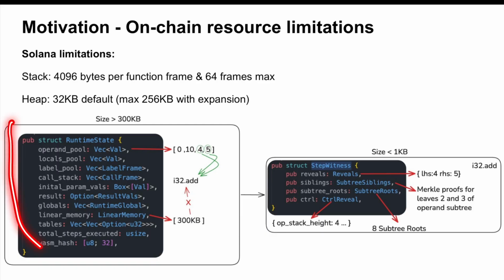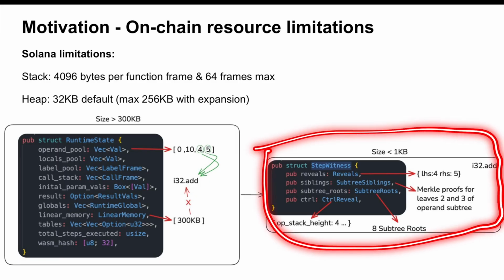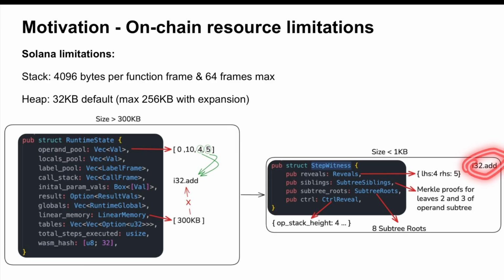So instead of passing this whole state into the chain, what we do is introduce the witness for the anchor instruction, which is i32.add, and for it we have reveal variables, and those are the variables that i32.add reads from: left hand side 4, right hand side 5, the last two elements of the stack.